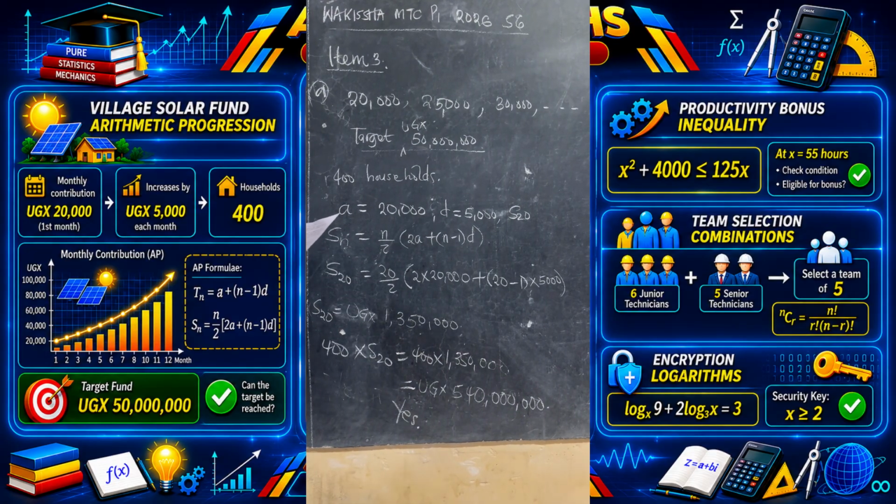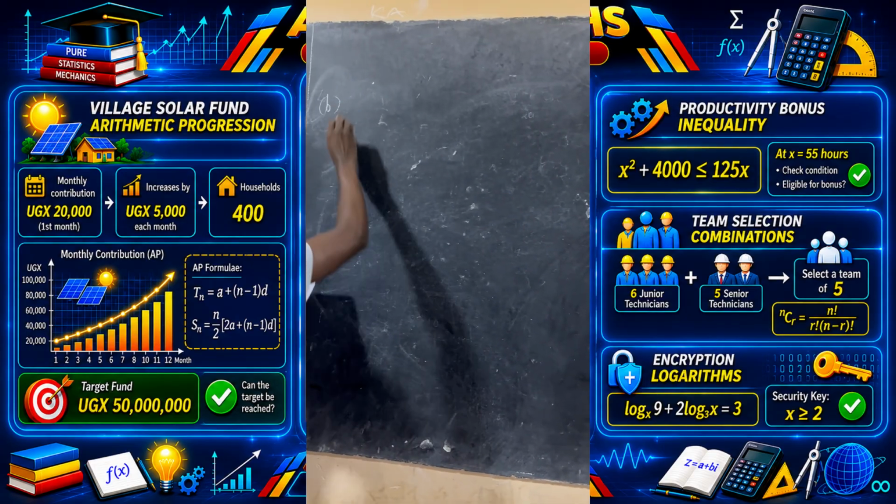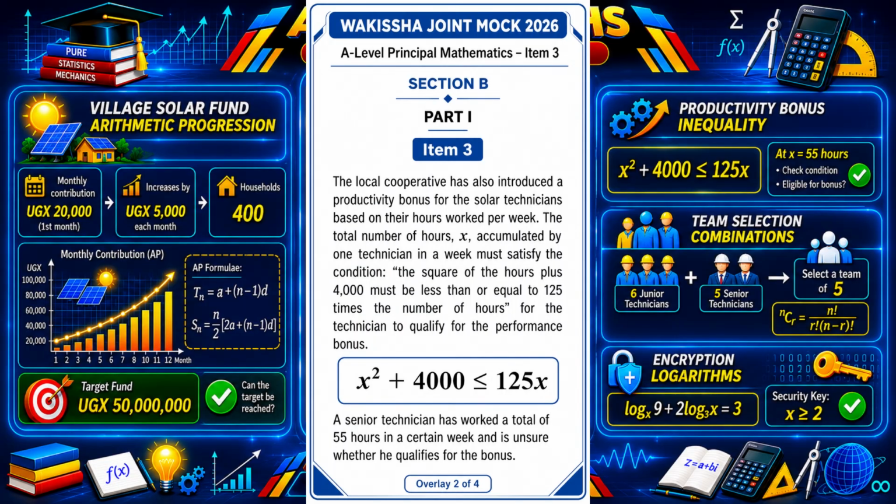I can proceed. I'm now proceeding to part B in this case. I continue, they are saying that the local cooperative has introduced a productivity bonus for the solar technicians based on hours worked per week. The total number of hours accumulated by one technician in a week, which they are calling X, must satisfy the conditions.